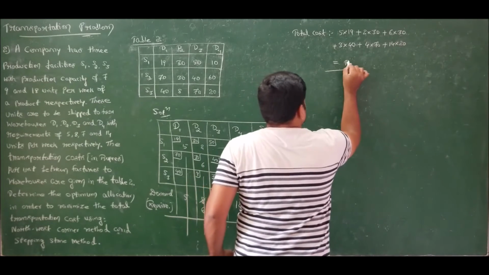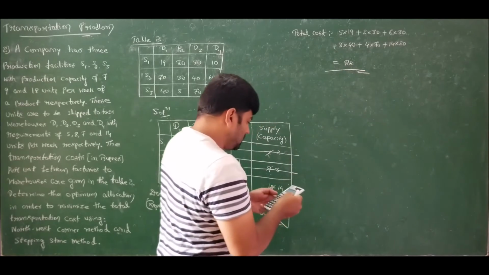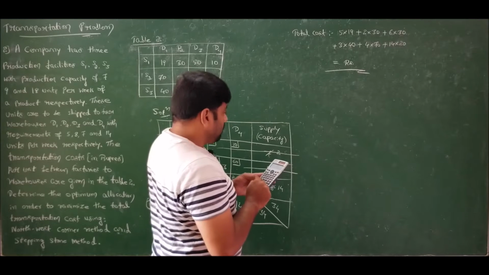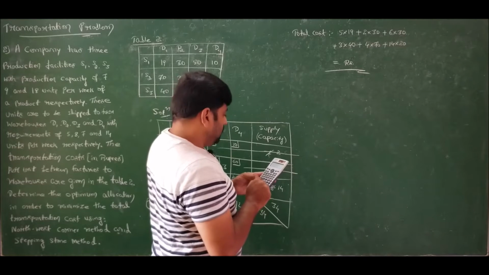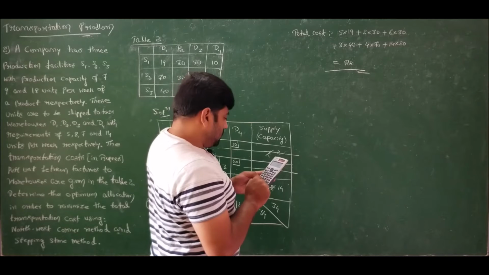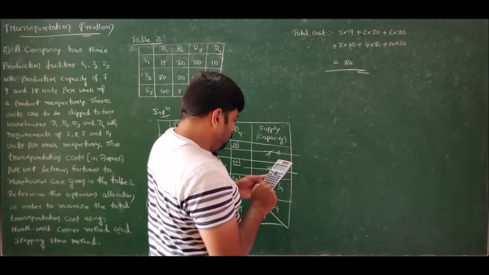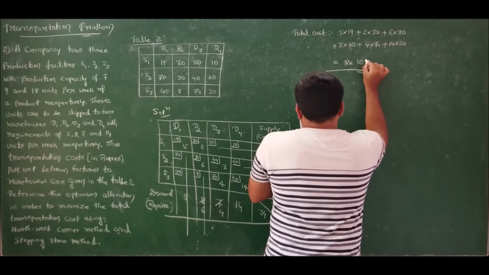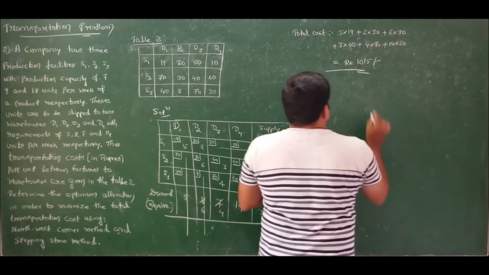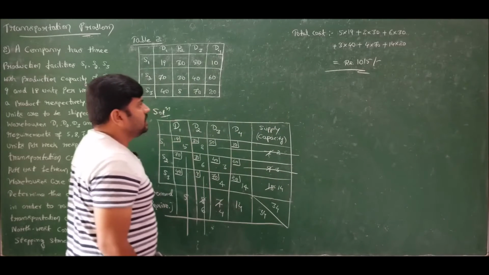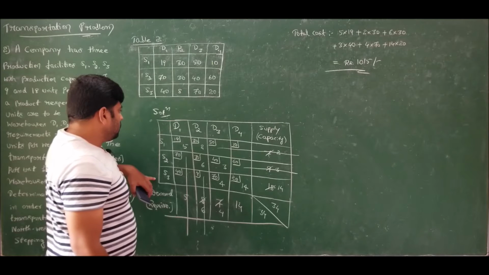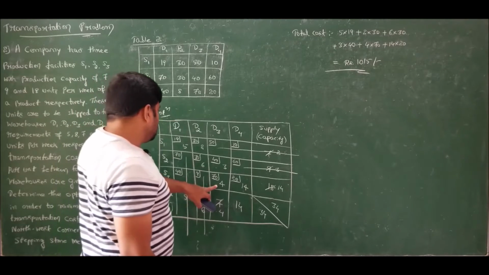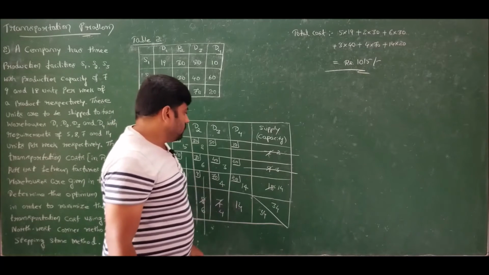So total cost will be rupees 5 into 19 plus 2 into 30 plus 6 into 30 plus 3 into 40 plus 4 into 70 plus 14 into 20, which gives us the initial basic solution as 1015 rupees, and the initial basic allocation is found to be for x11, x12, x22, x23, x33 and x34, which have got the allocation.